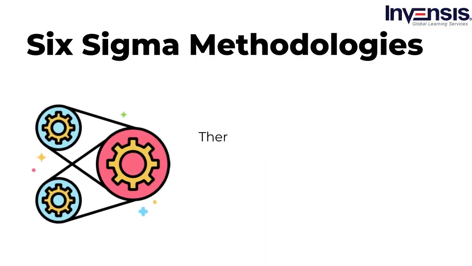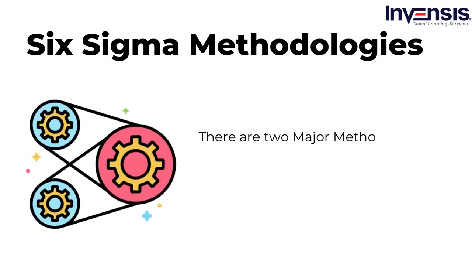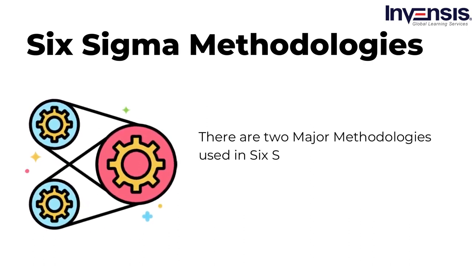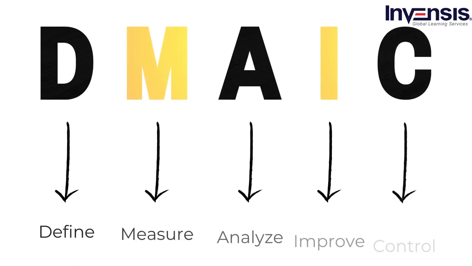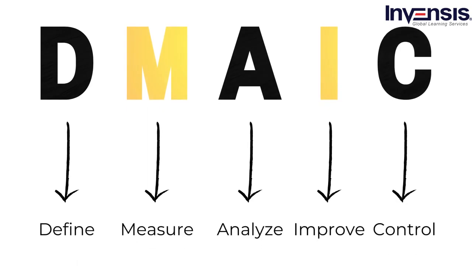Six Sigma methodologies. There are two major methodologies used in Six Sigma. They are DMAIC and DMADV. Now, let us understand the abbreviations of these methodologies. DMAIC: D stands for define, M stands for measure, A stands for analyze, I stands for improve, C stands for control.